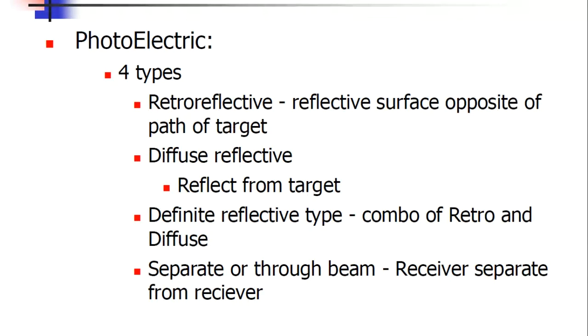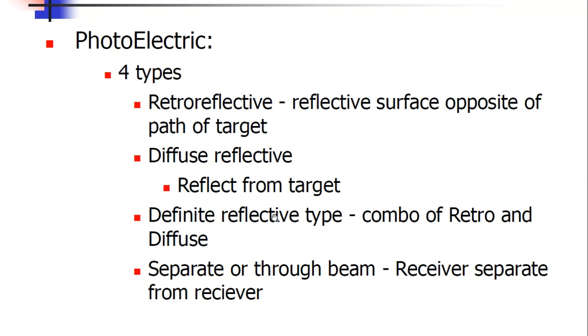But with photoelectrics, you can easily go 6 inches with a diffuse reflective type, depending on the color and reflectability of your target. Or if you're using retroreflective, where you're sending out the beam and it hits a reflector and reflects back, there you could go 1 or 2 feet or maybe even more.